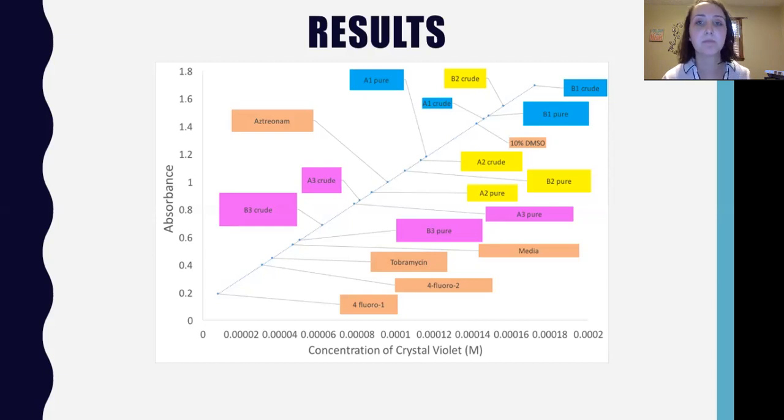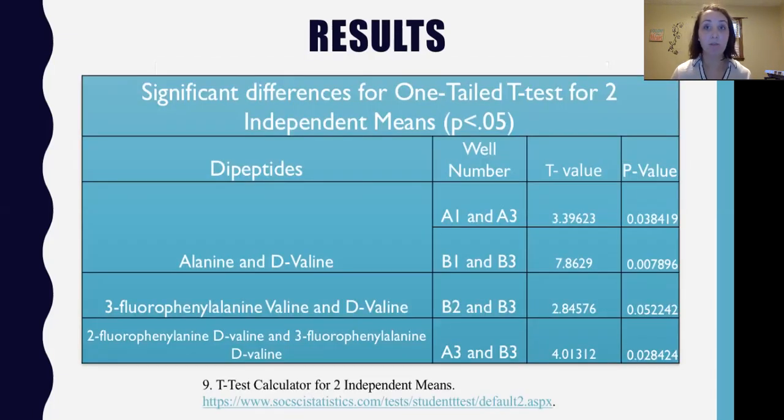So I made a chart of my significant results from my biofilm assay, and I used a one-tailed t-test for 2 independent means. Basically what all these numbers mean is that it shows the significant results using stats that D-valine was significantly better than alanine.